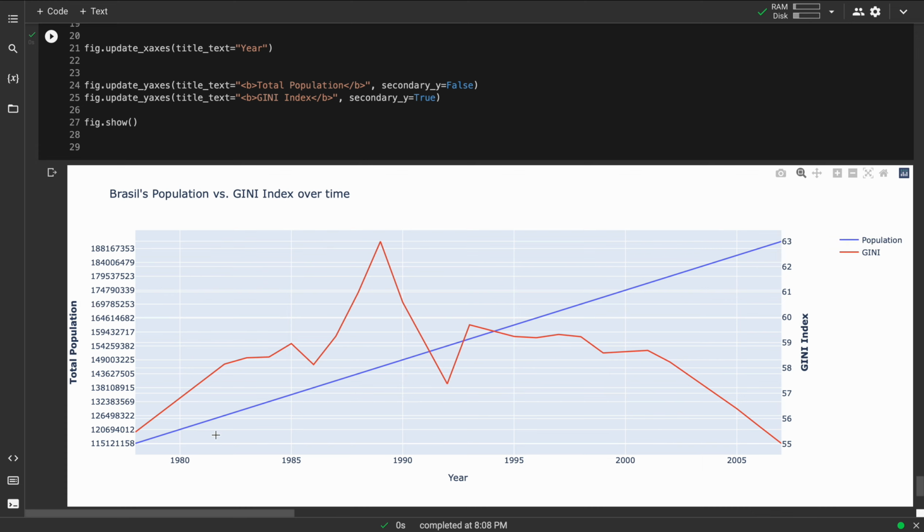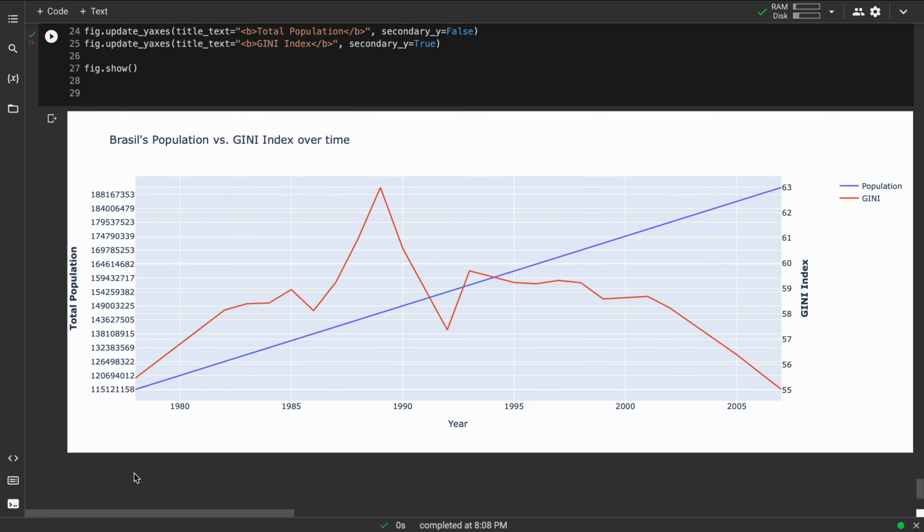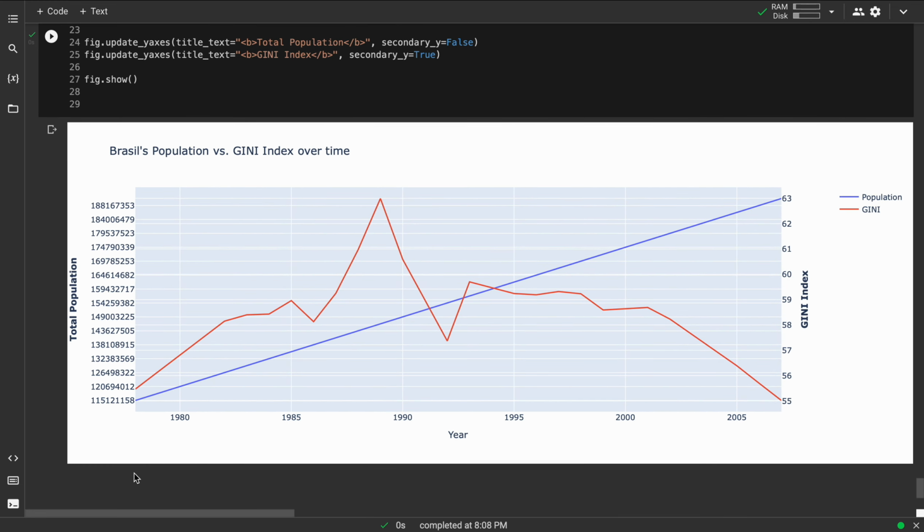As expected, population just increases pretty steadily, and we do see changes in the Gini index, but we can't say that those are for sure caused by changes in population, because there are clearly a lot of other factors that go into the Gini index. And so this was something that we were surprised by because we thought that there would be more of a correlation.